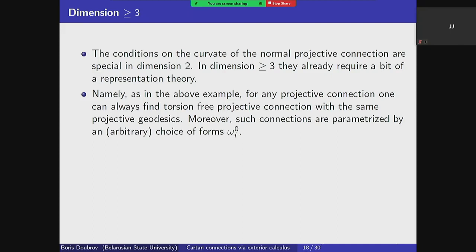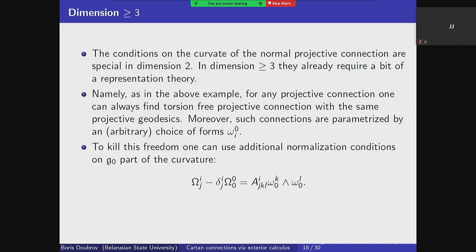And we would still need to find some conditions on the curvature to guarantee that these forms are also determined uniquely. Now what happens, so we know if n is greater or equal to 3, we no longer can ensure that this part vanishes identically. That's just too strong.